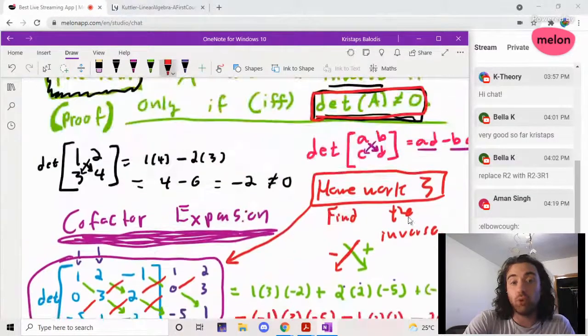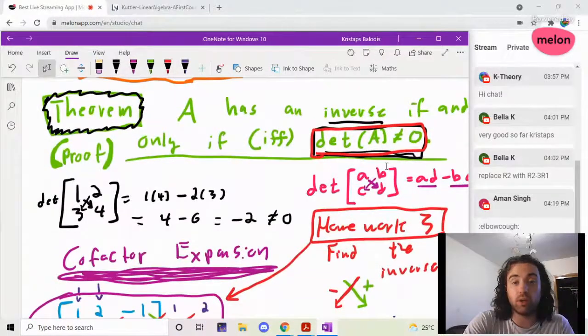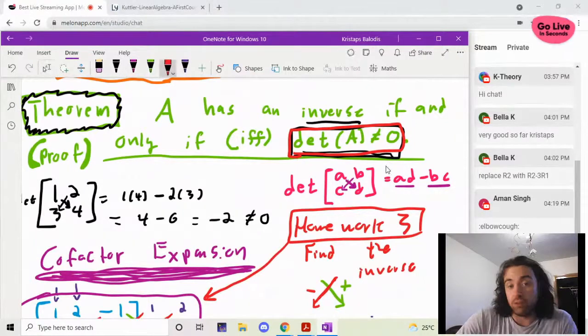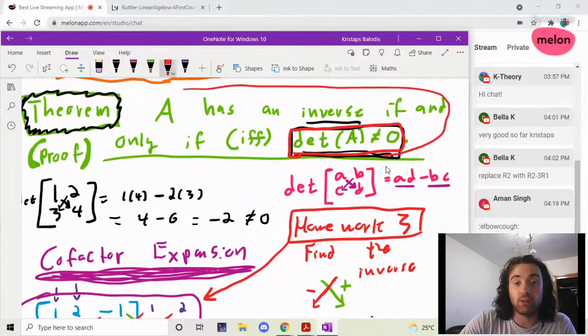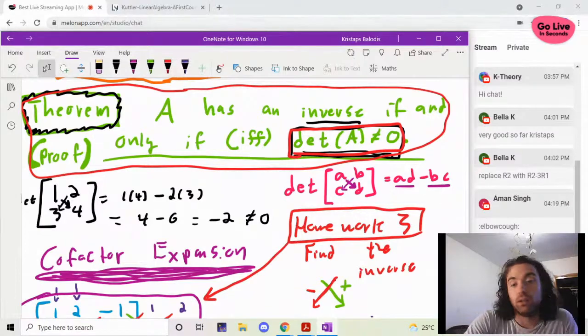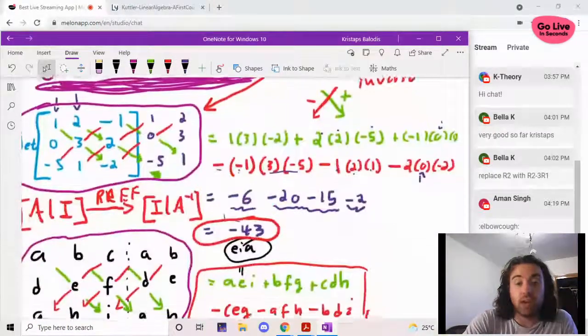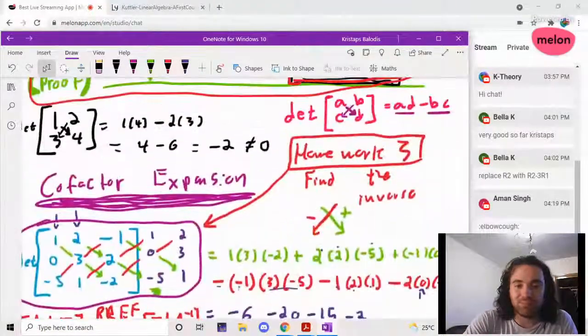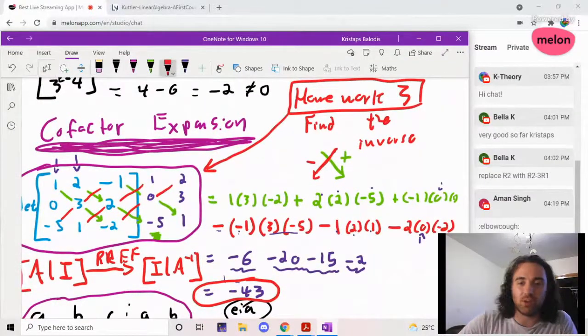And what I've just told you is that this matrix is invertible. That's what we found out together just now. So we should be able to do this, and we should be able to determine its inverse.